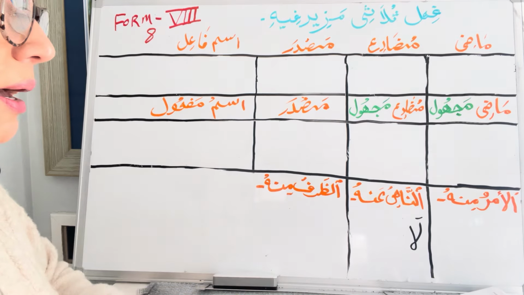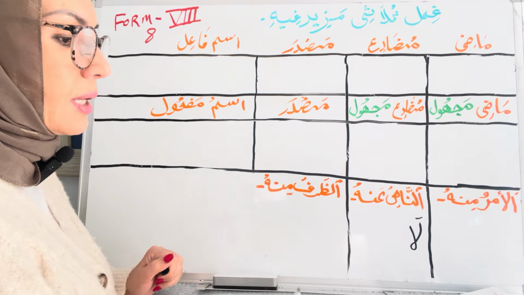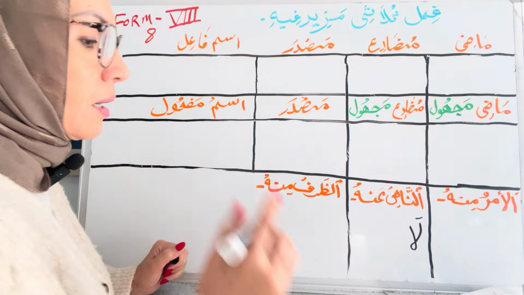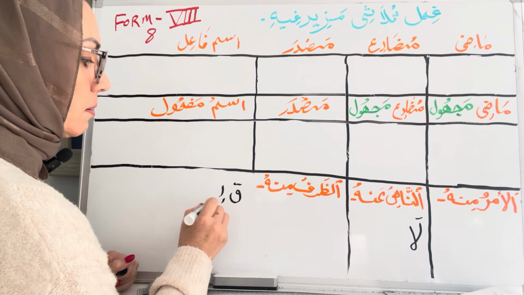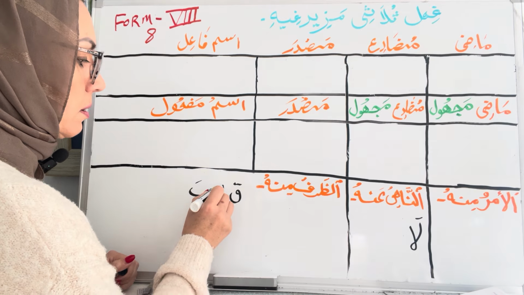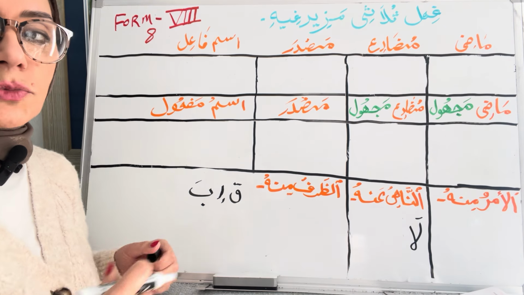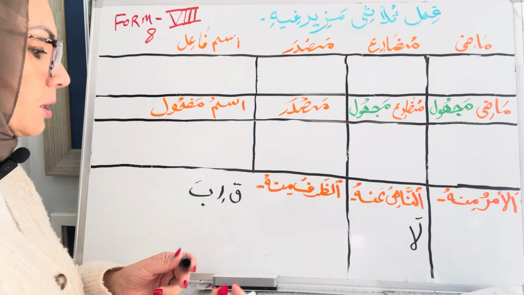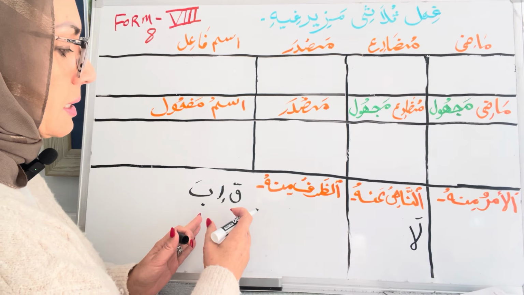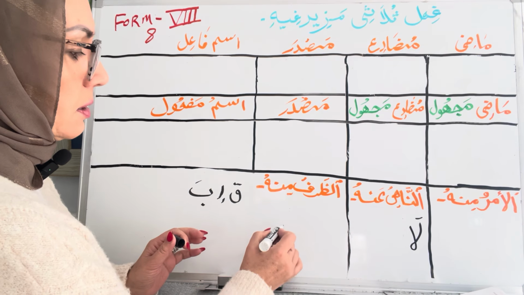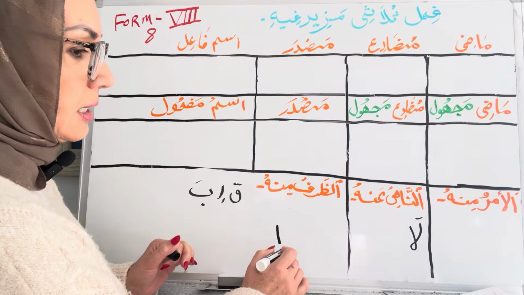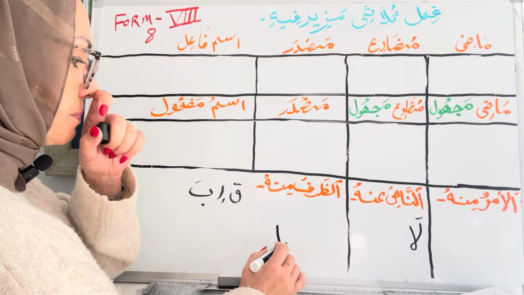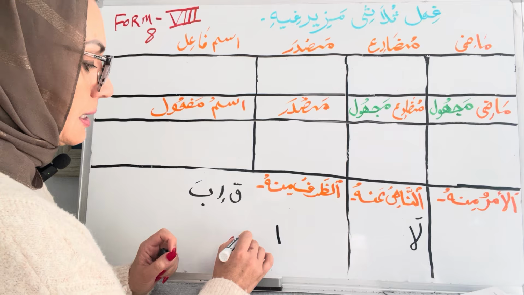Okay, so in this case the basic root letter verb that we're going to be talking about here is qariba, meaning to be close. So what's added here as extra is the alif and the ta.